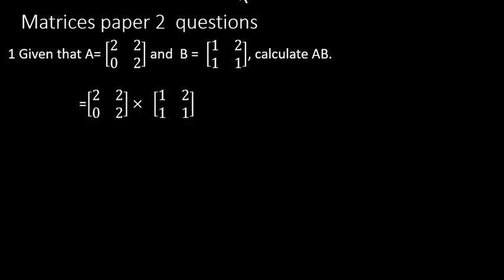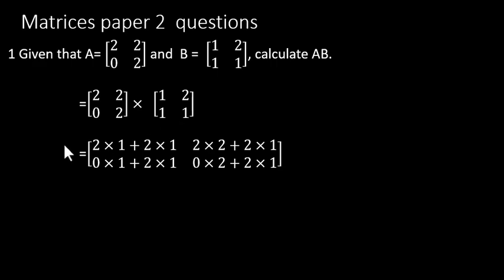How are we going to multiply this? We say row by column: the first row by the first column, the first row by the second column, then the second row by the first column, and the second row by the second column.